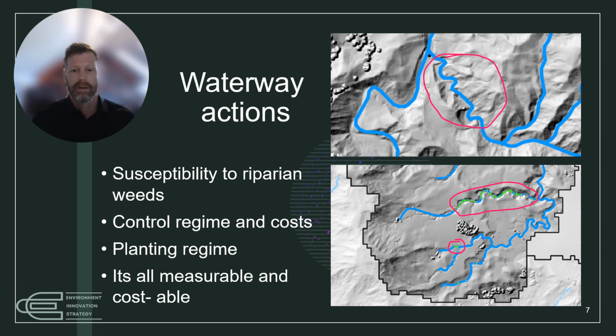And waterways are way more susceptible to this invasion if they don't have canopy trees and there's no shading on the streams. So we can really look at control regimes, planting regimes, and it's all measurable and costable as well, because it's done through GIS analysis. And you can get basically a big spreadsheet of what your opportunities or your challenges might be in a catchment as well. So that's the top one.